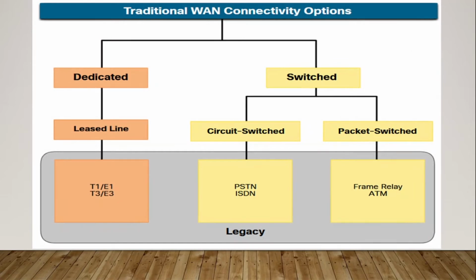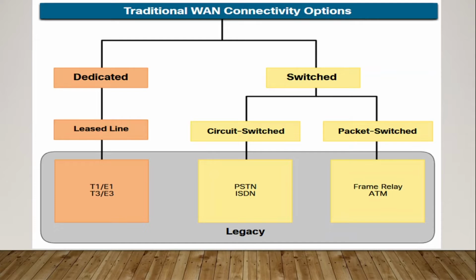The diagram shows the traditional WAN connectivity. It's either dedicated with leased lines, like a T1 or E1 dedicated leased line, or T3 and E3.